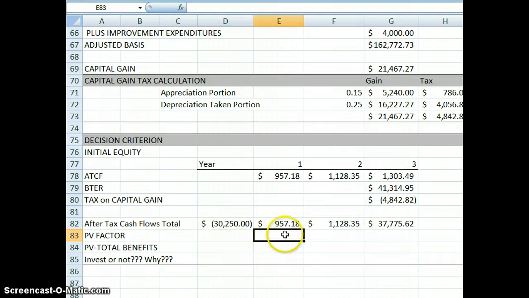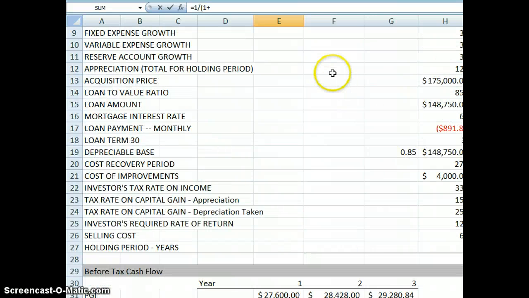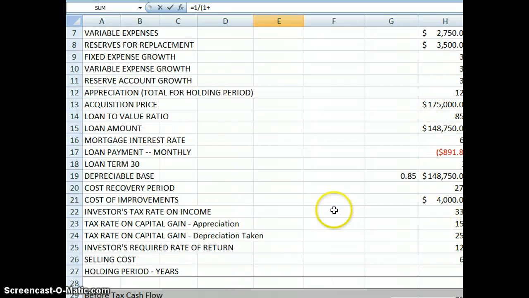And then we'll compute IRR in a sec. We'll do the present value factors here. So for the first one, basically all you do is 1 divided by 1 plus our rate of return, which is the 12%.